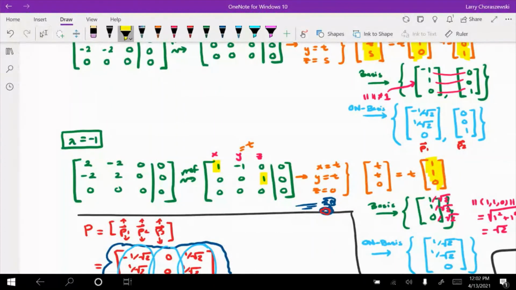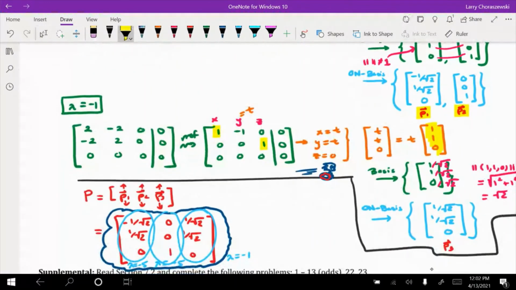Okay, so the vectors P1, P2, and P3, you could check that they're actually all orthonormal. Not only is P1 perpendicular to P2, but P1 is perpendicular to P3, and so is P2. And the norms of all those vectors is equal to 1. So that would mean that the set of vectors P1, P2, and P3 would be an orthonormal set.